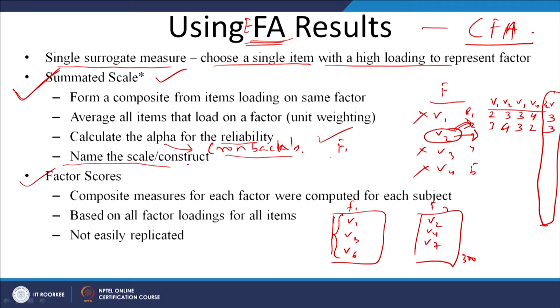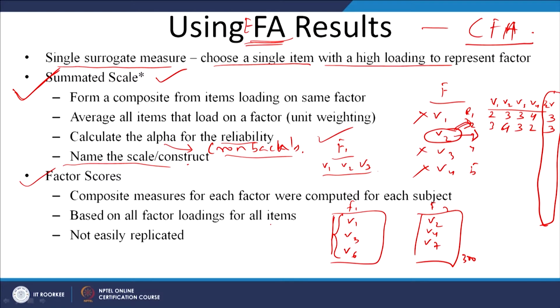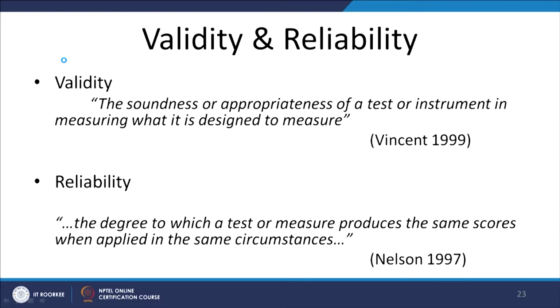So, if for factor 1, V1, V2, V3 are the 3 variables, then only these 3 will be considered, and V4, V5, V6, V7, V8, V9 are not considered. But while calculating the factor score, all the variables are considered, and obviously the weightage is more for the ones having the highest connection with it. Of these two methods, nowadays mostly the summated scale is used, right.